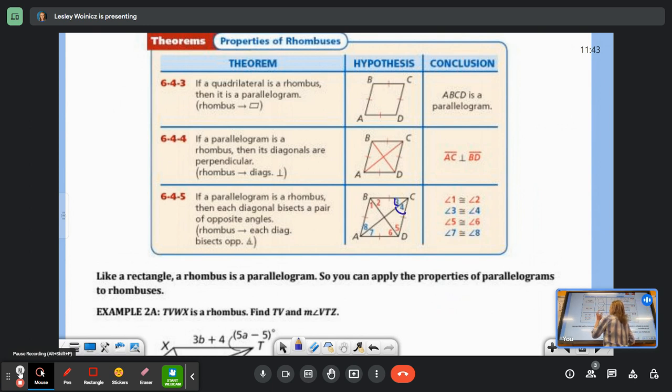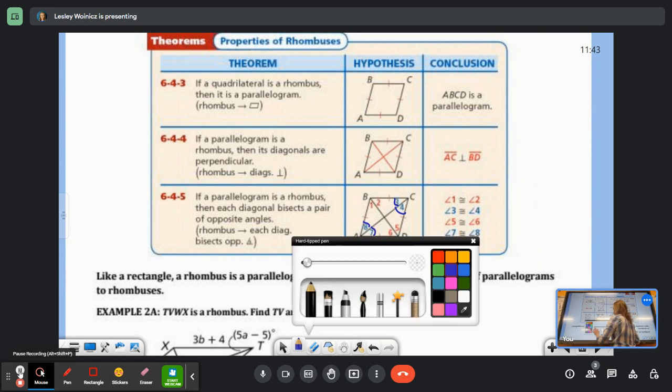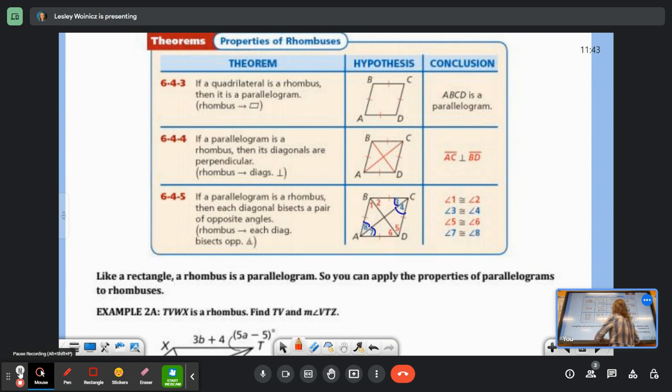So these are congruent, these are congruent, and so on.